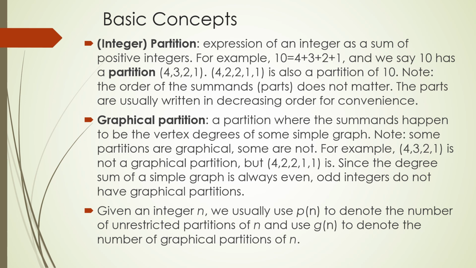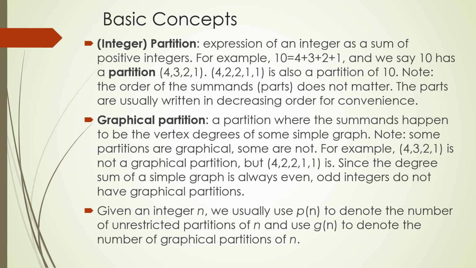If we treat this list of degrees as an integer partition, then we can talk about graphical partitions, which is just a partition that is a list of degrees for some simple graph. But it turns out that not all integer partitions are graphical partitions. Only some of them are.